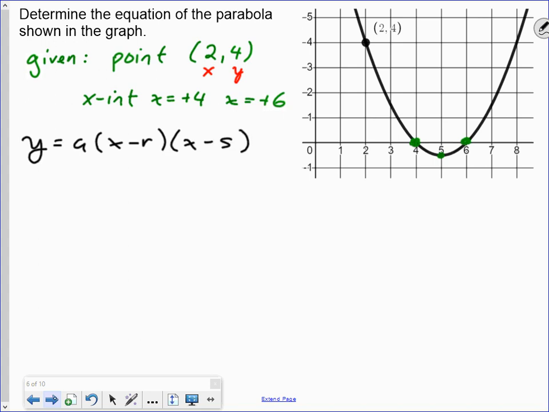And I know that if my x-intercepts are +4 and +6, my equation has to have an x - 4 and an x - 6 in there, because then subbing in 4 or 6 is going to make one of those terms equal to 0.